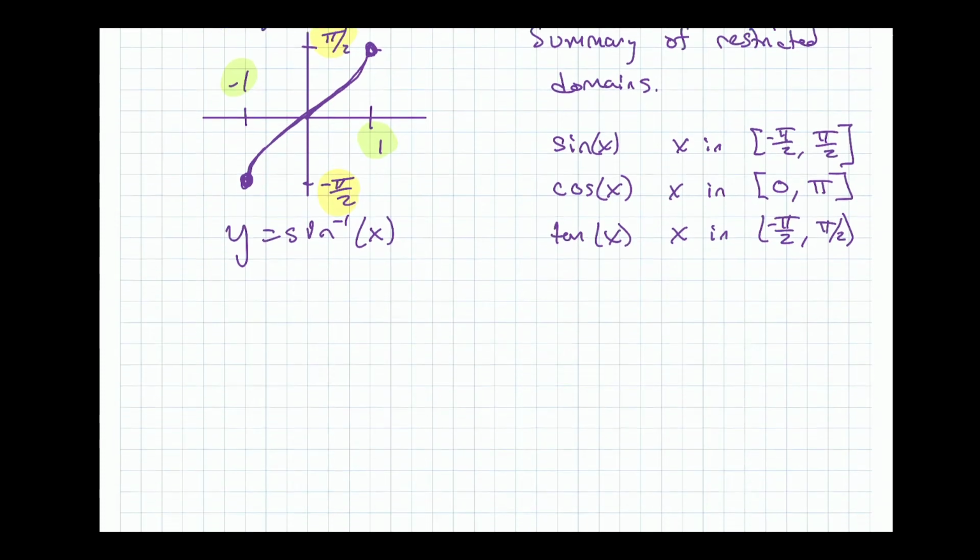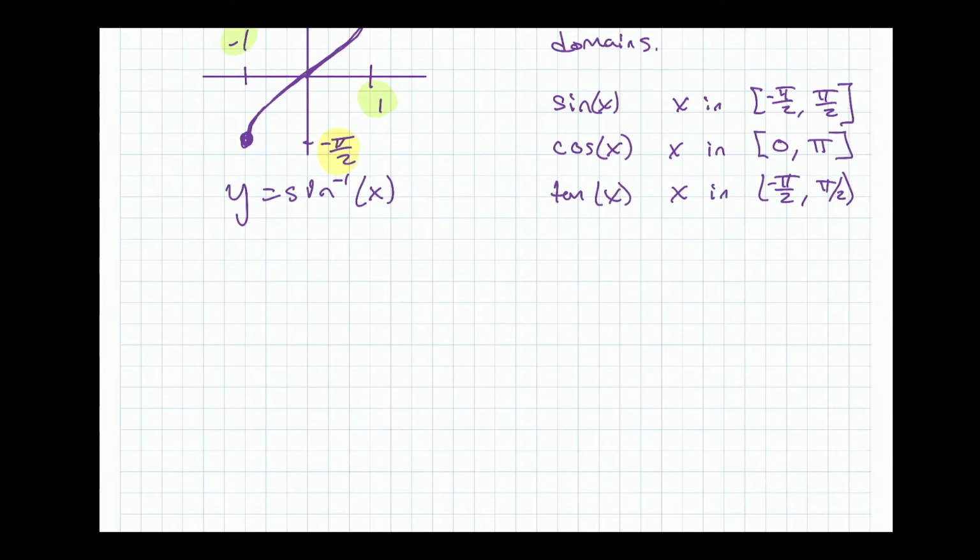Right? So I'm just writing that right now. And so there we go. So those are the restricted domains. So when you restrict the domains and then you switch the x and the y values, then this is what the result is.